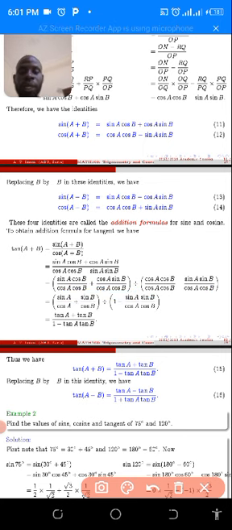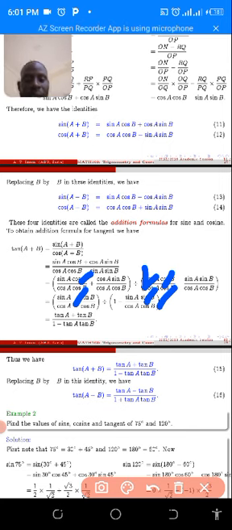And so this equation becomes sine A cos B over cos A cos B, and then cos B cancels cos B, and similarly here cos B cancels cos B. Then cos A cancels cos A, and that is equal to 1.